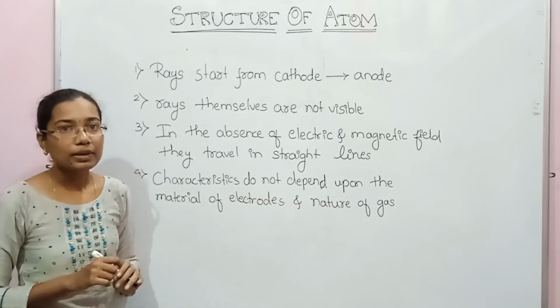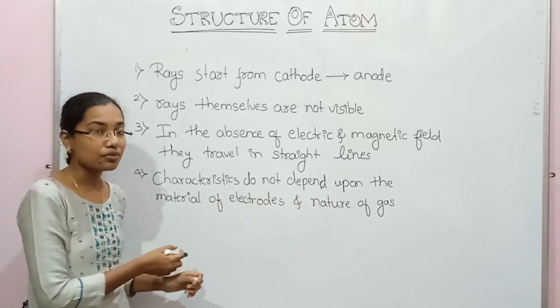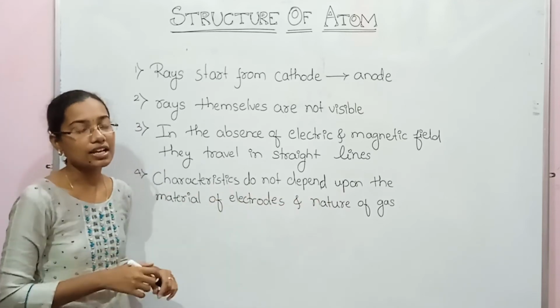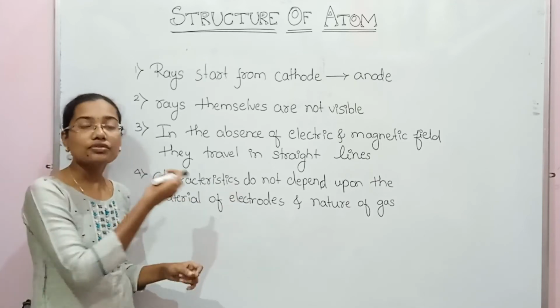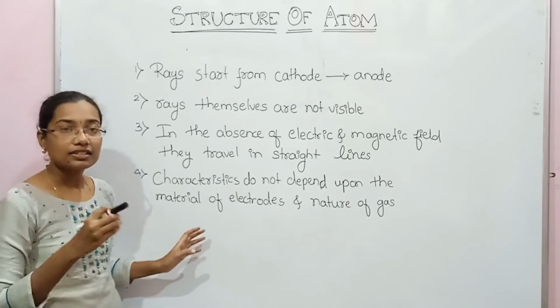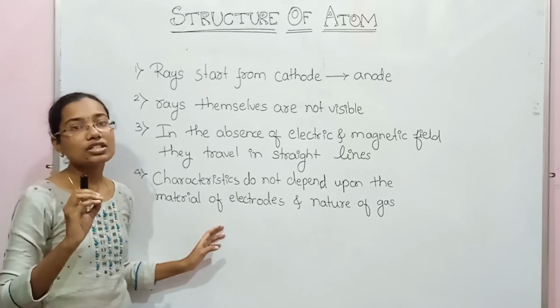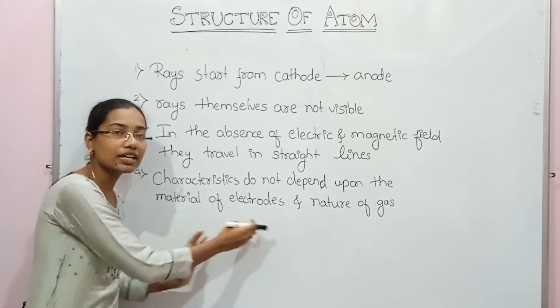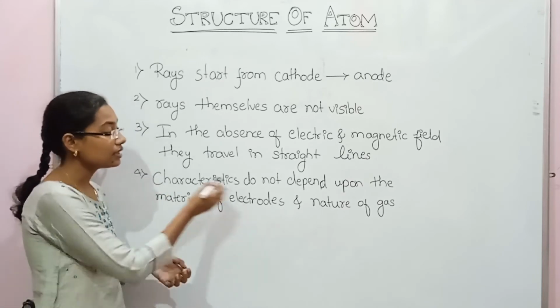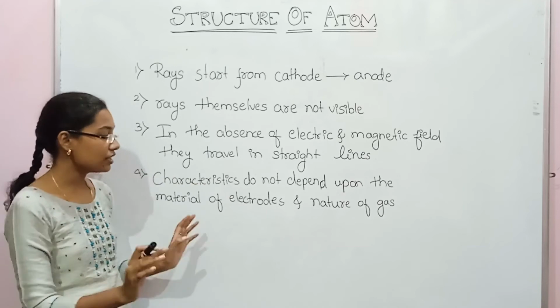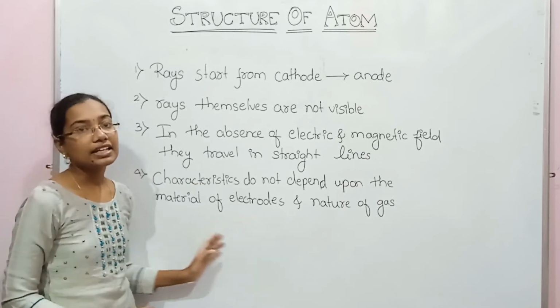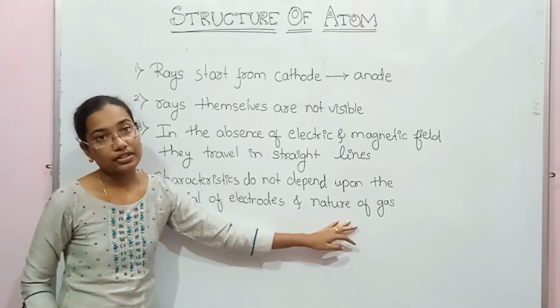We have taken two electrodes, one is the cathode and the other is the anode. If you take electrodes of any metals, there also the electrons start moving from cathode to anode.